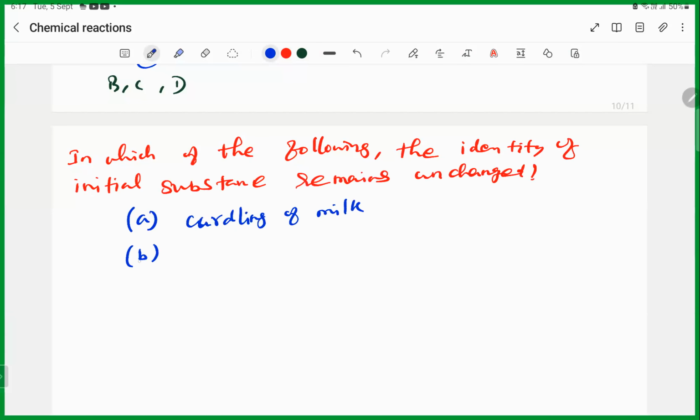Number 2, formation of crystal. Crystals by process of crystallization.